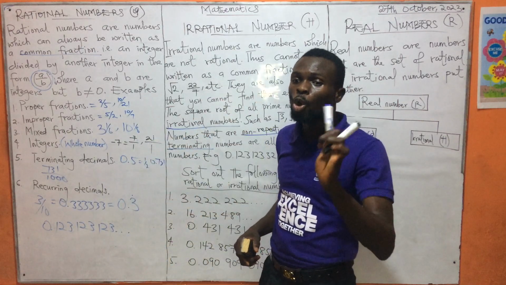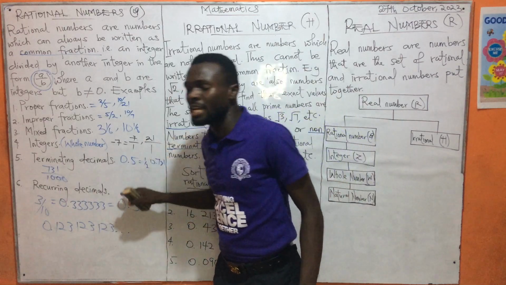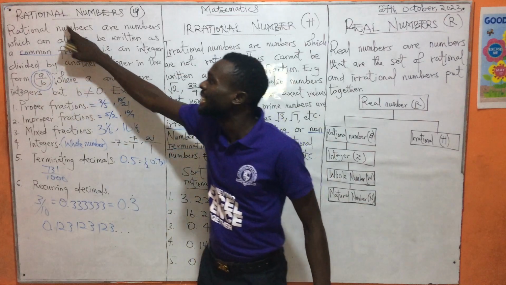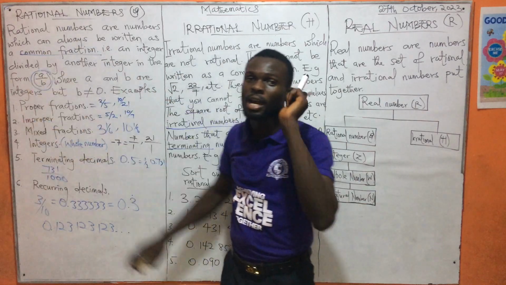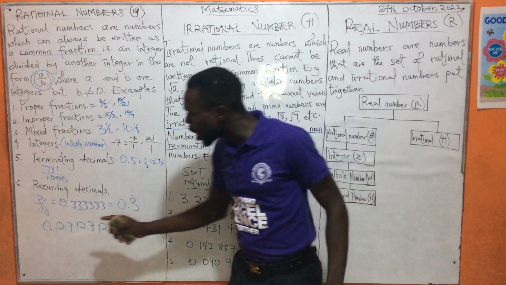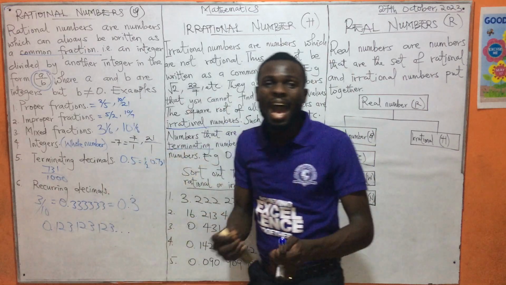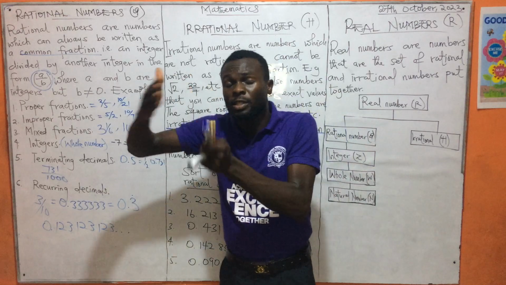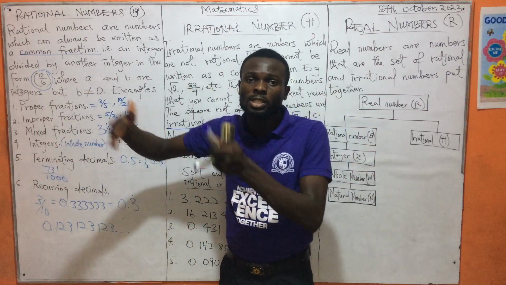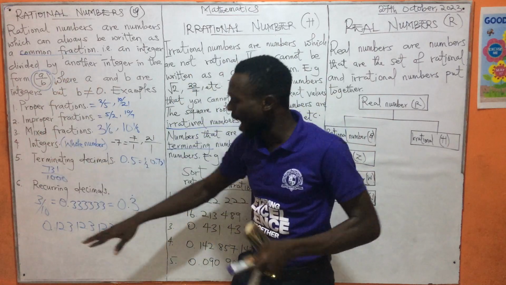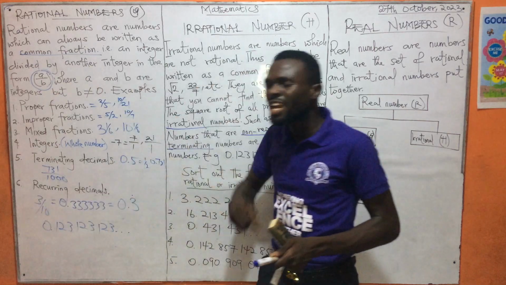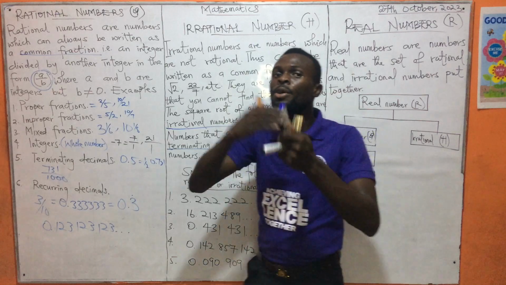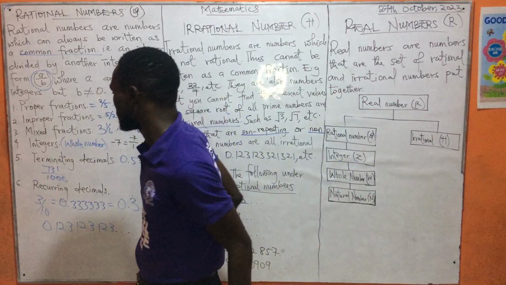And we should also know that recurring decimals, because they can be written as a common fraction, are rational numbers. So all decimals whose numbers after the decimal point are in a repeating order that do not end are called recurring decimals, or repeating decimals.